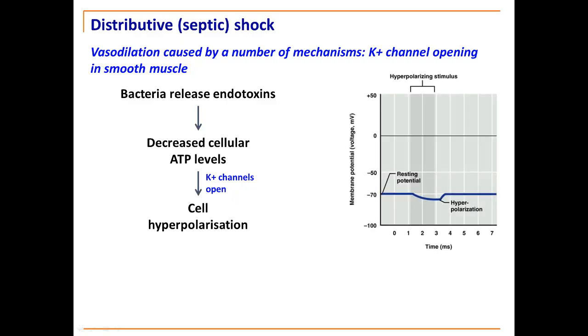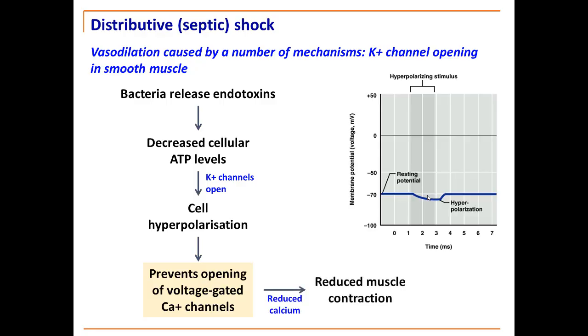And so if we're just looking at this, you're seeing there's your resting membrane potential, you get your hyperpolarization, the potassium leaves the cell, so you're losing positives from the cell, so it becomes more negative inside the cell. That prevents the opening of voltage-gated calcium channels, or makes it harder to reach threshold, and you get reduced calcium, therefore reduced muscle contraction, and therefore you get your vasodilation going on.